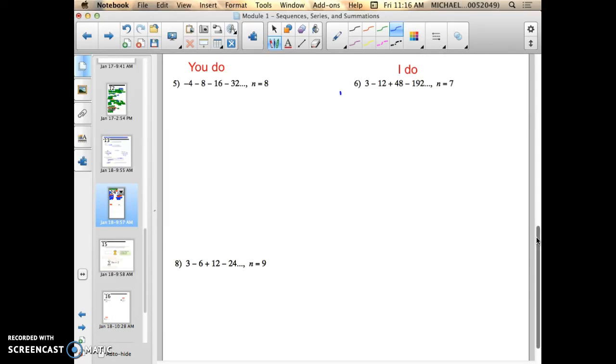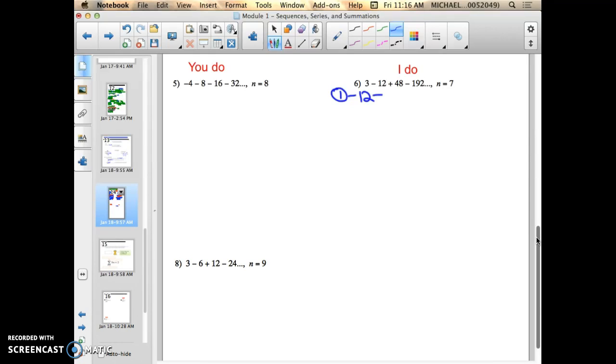And so my first step then is to determine if it's geometric or arithmetic. And again, just looking at number 6, the problem I'm going to do for you, the numbers go up pretty quickly. It goes from 3 to negative 12 to 48 to negative 192. So that is the first clue or hint that this could be geometric instead of arithmetic. But again, the process to find that is to take the second term and see if it's a common ratio.